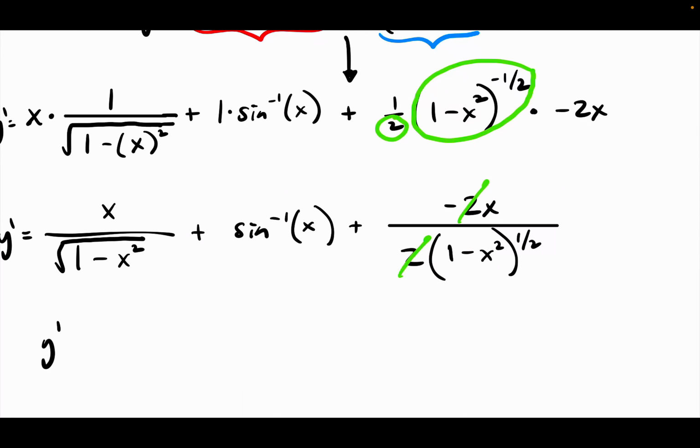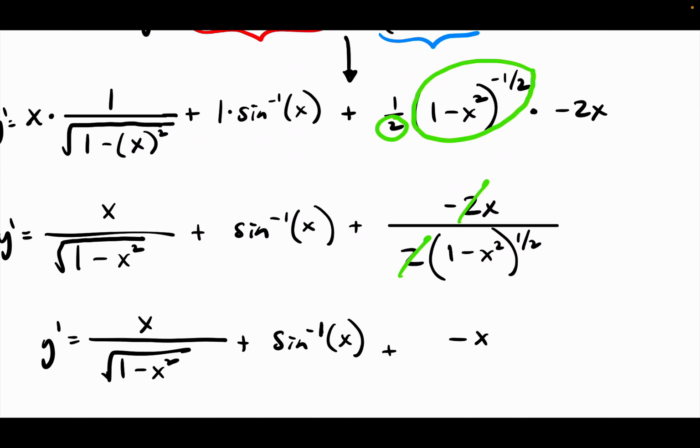So you get x over the square root of 1 minus x squared, plus inverse sine of x, plus negative x over the square root of 1 minus x squared.